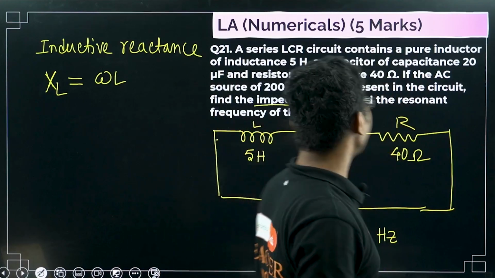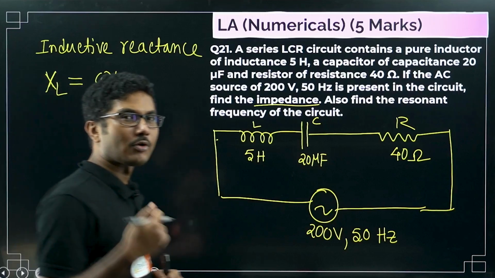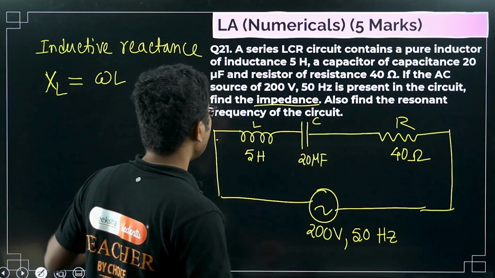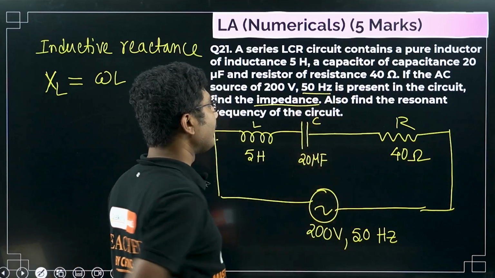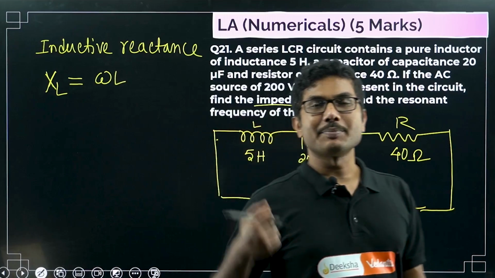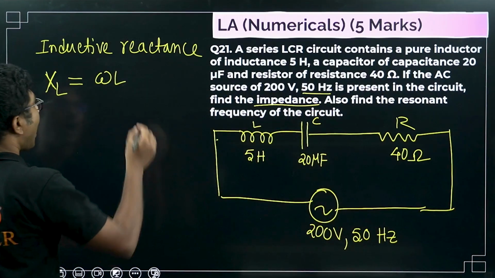But most often they will not give you omega. For example, here they have given 50 hertz. What is the unit of omega? Unit of omega is radian per second. Is it given in radian per second? No, right? So how to tackle that?